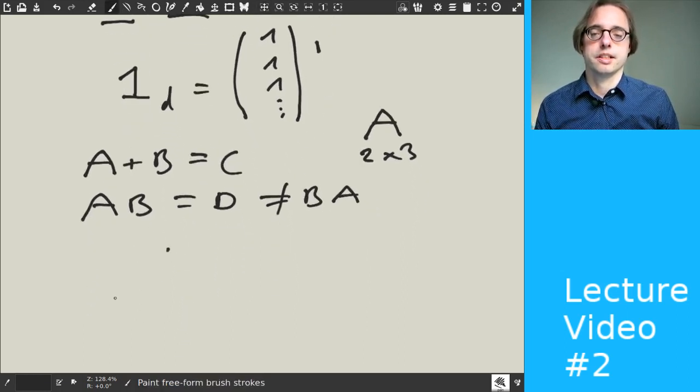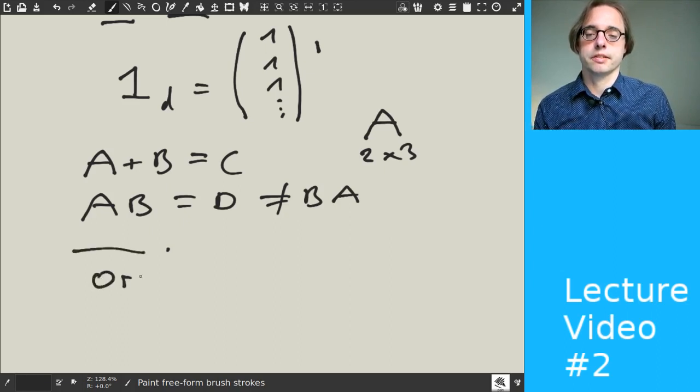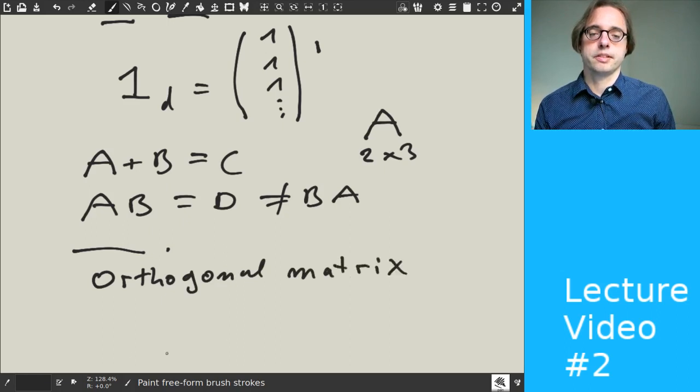I'm not going to tell how to multiply this. It's a standard thing you can look up somewhere else, but what's more important is a special type of matrix called an orthogonal matrix. An orthogonal matrix has the property that the transpose, where T is the transpose, is the inverse.